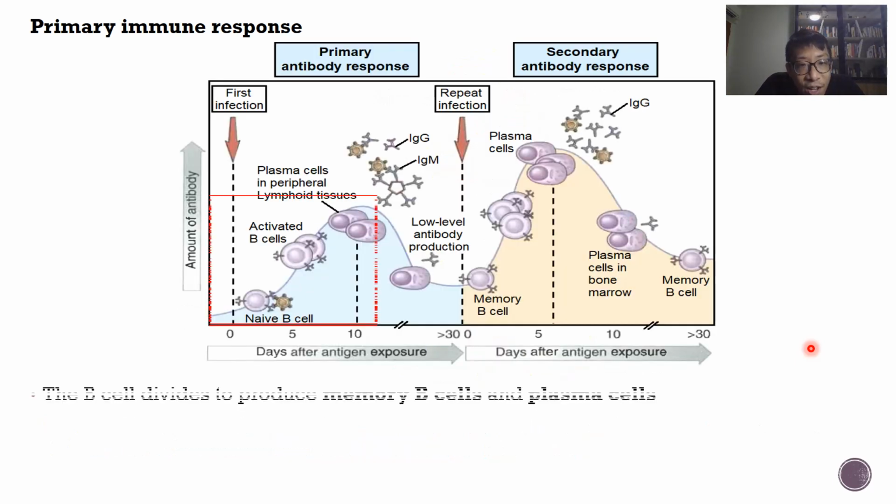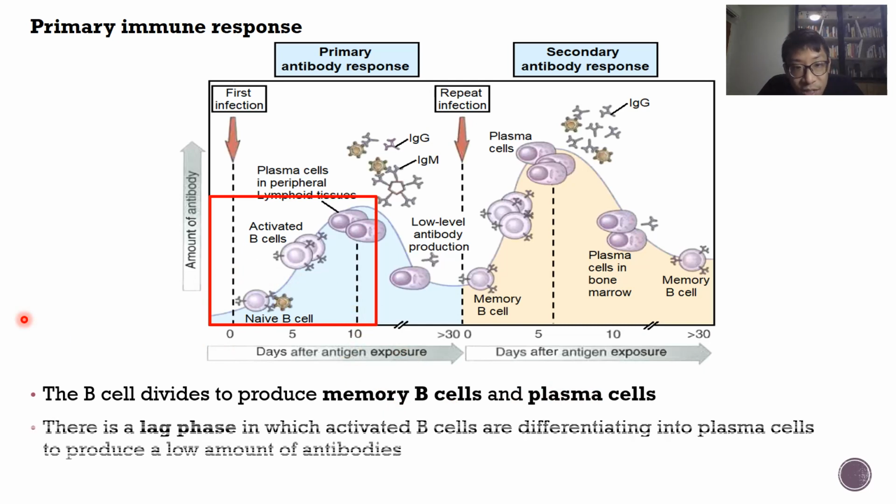Let's move on. Again, the activated B cell would first divide, clonal expansion, and then in this pool of B cells with the same specificity for the same antigen on the same pathogen, most of them would differentiate into plasma cells, and some would differentiate into memory B cells.